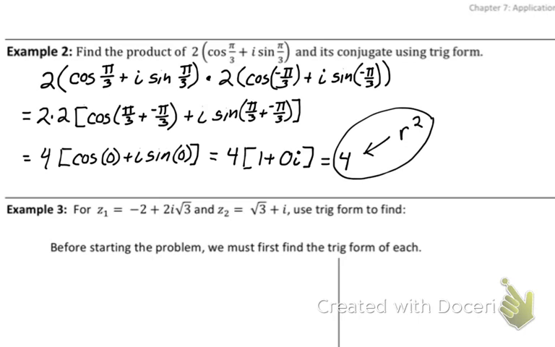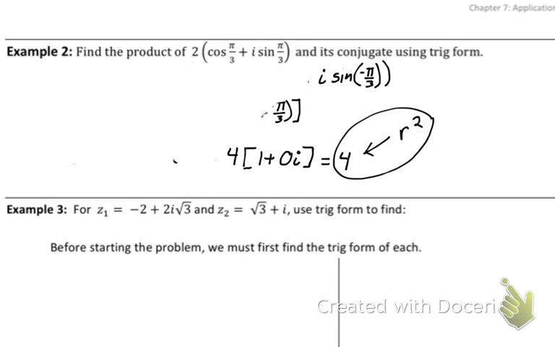So on the test, don't scribble this out because it's good to see the work. But on the test, if you know what you're doing, that is all the work you need if I ask this question.